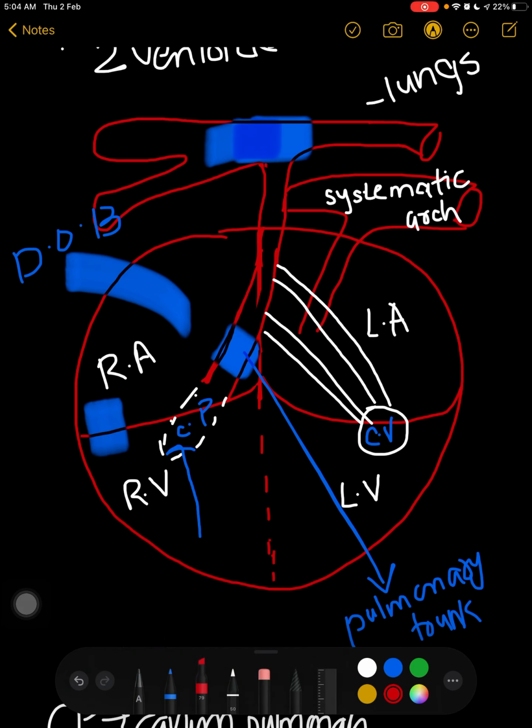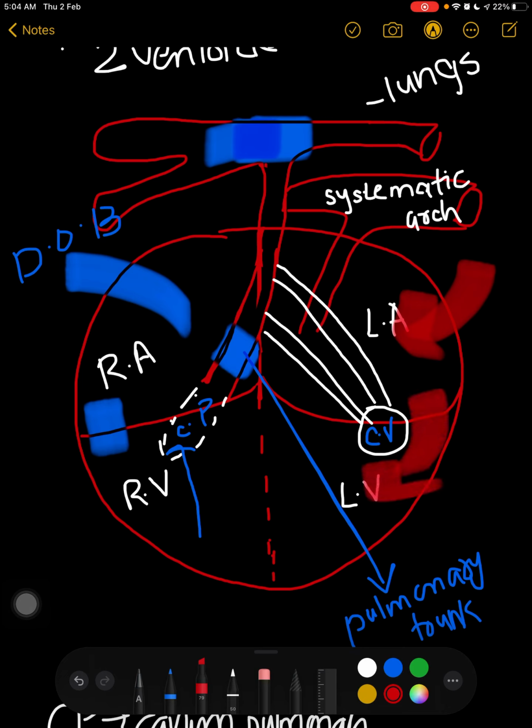Now what will happen, from the lungs to the right atrium, the oxygenated blood will come. Now this oxygenated blood will go to left ventricle, and after left ventricle, it will move to cavum venosus, and after cavum venosus, it will move to the systematic arc, and after systematic arc, it will move to the whole body.